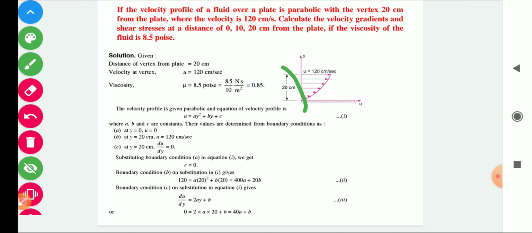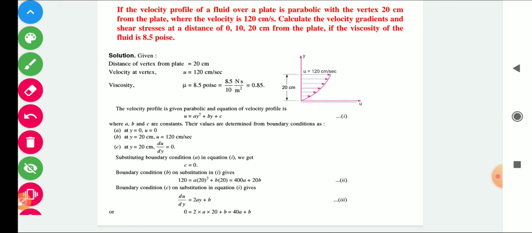The velocity at the vertex is 120 centimeter per second, and viscosity is 8.5 poise. So convert it into SI units. That will be equal to 0.85 Newton second per meter square.